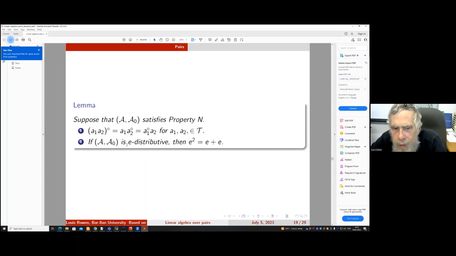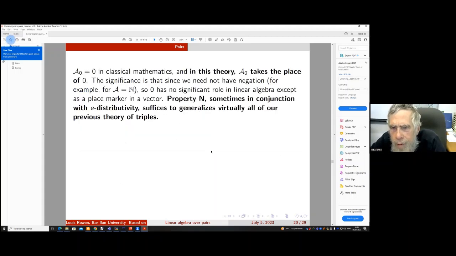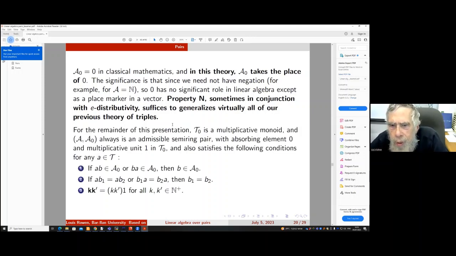And if E distributes with the other elements, then E squared will be E plus E. So as I said before, A naught takes the place of 0, and property N replaces previous work on triples.